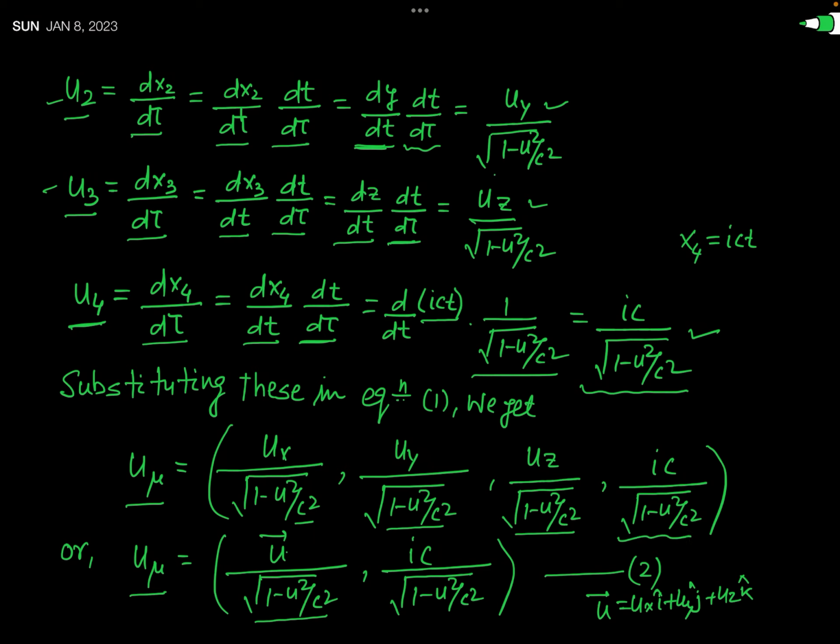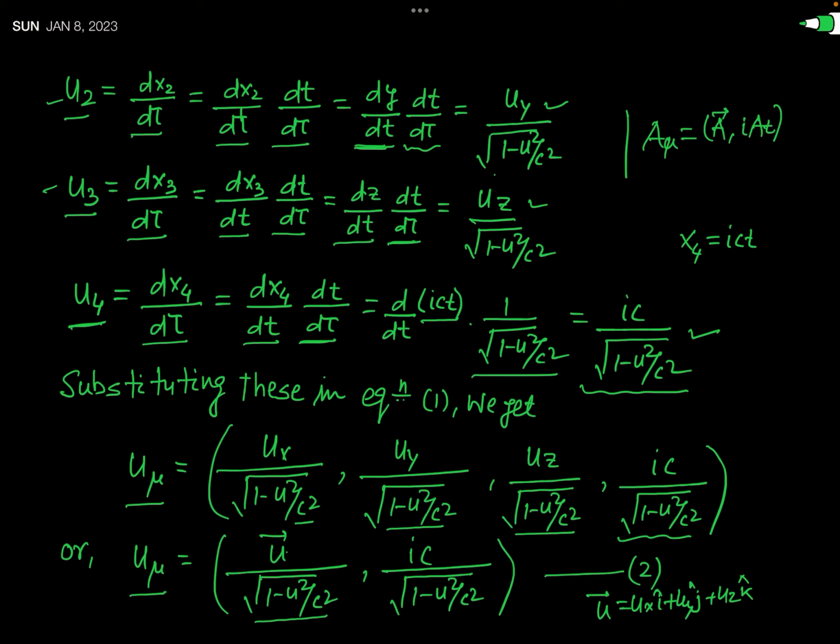Okay. So as I have told you earlier in the previous lecture, that for any 4 vector, let us say there is a 4 vector a mu, we simply write a mu equal to vector a, which is the three-dimensional vector in 3D space, and i a t. Okay.